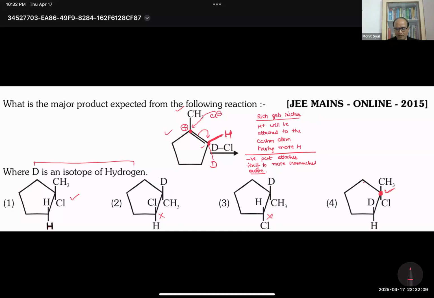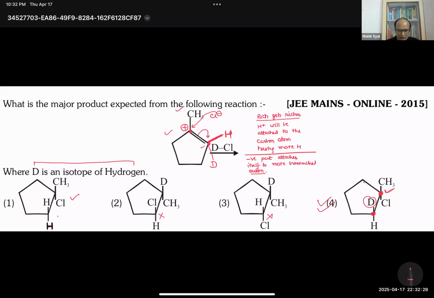And deuterium is going to get attached on the adjacent one, on this one. It is put like this, in the vertical position. So this should be the right answer.